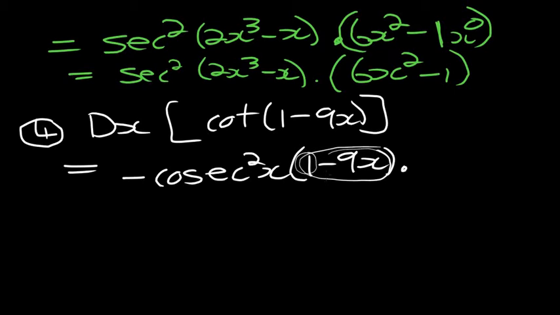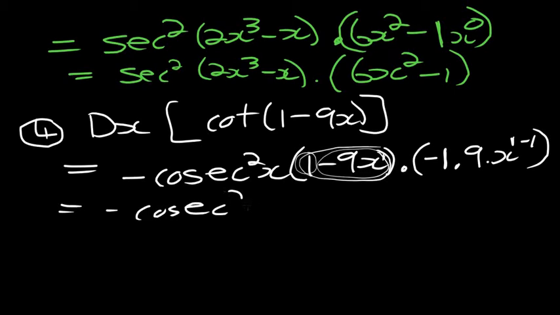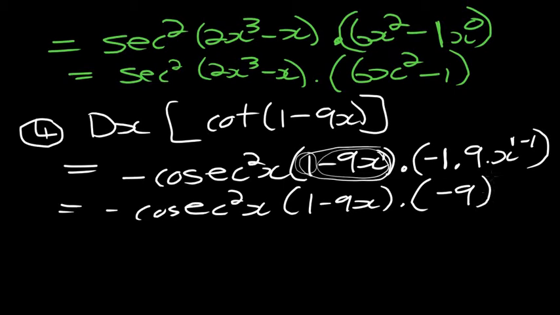Then if you differentiate this, the exponent 1 goes to the front, so it's negative 9 times 1, which is just negative 9. X to the power of 0 you're left with. You put the negative 9 at the front, so it's negative 9 times the negative 1.